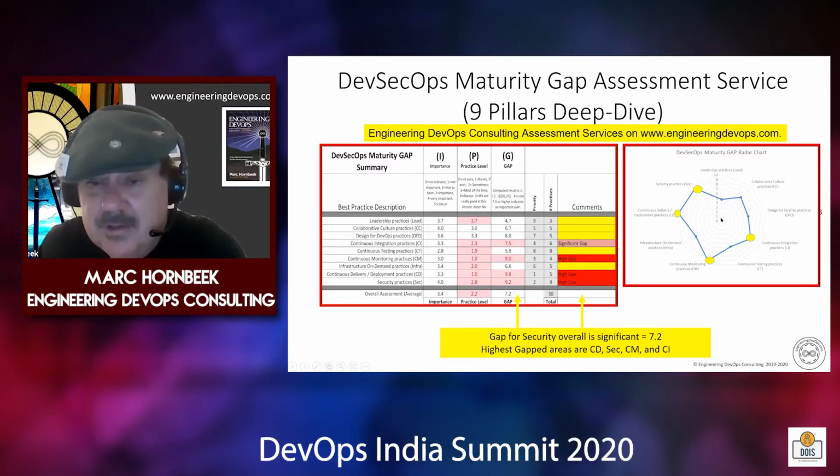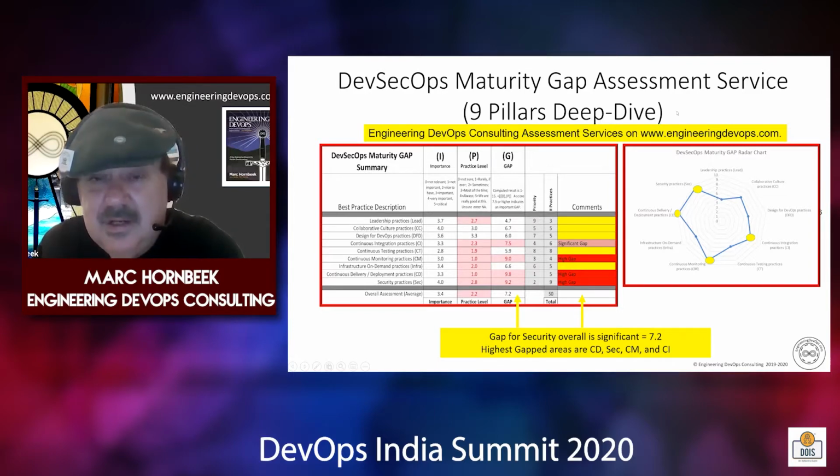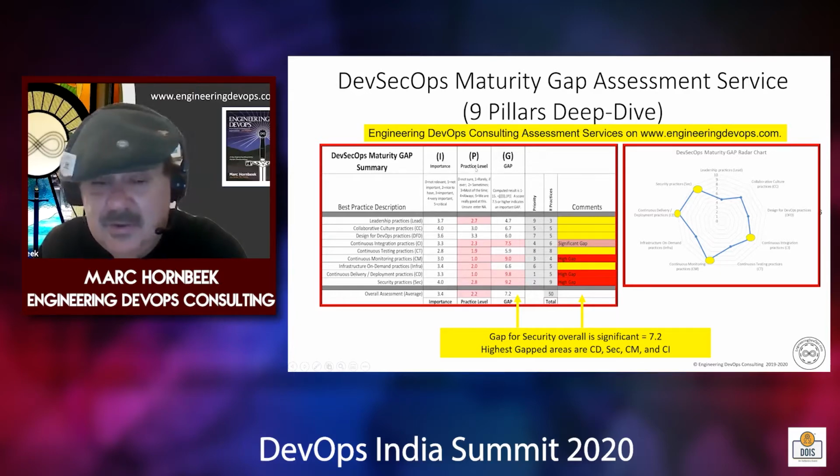There's also a radar chart that gives you a visual view of where you're at. The second ranked gap area was the security practices themselves, and the third was monitoring. So it gives you a quick visual way of saying, okay, where do we need to make improvements relative to their own view of importance and practice level, and our industry-known good practices for continuous security.